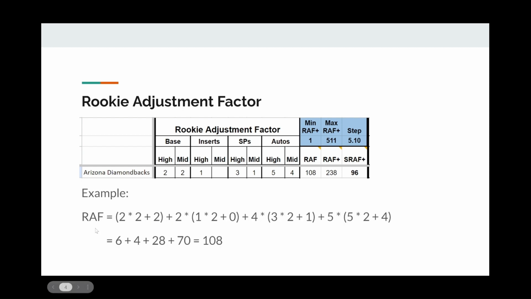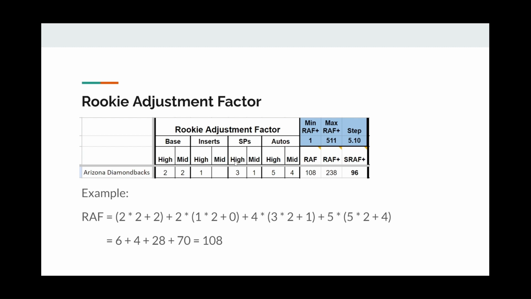So to just take you through an example using the Arizona Diamondbacks, to calculate RAF, you calculate the base value first, where it's high times 2 plus the mid number right here. And then for the inserts, you multiply 1 times 2, and this is 0, and then you multiply that entire amount by 2.